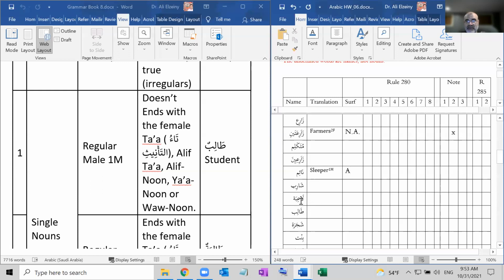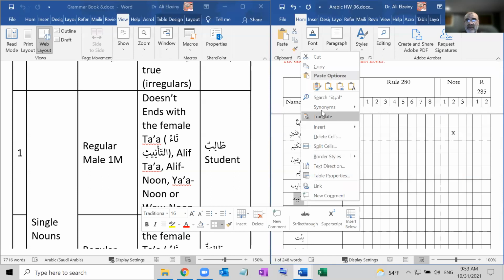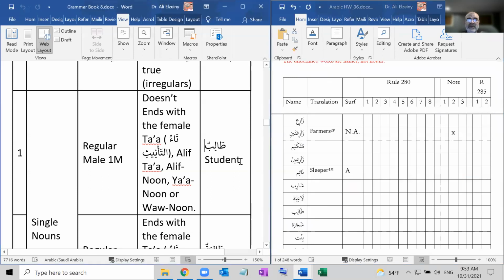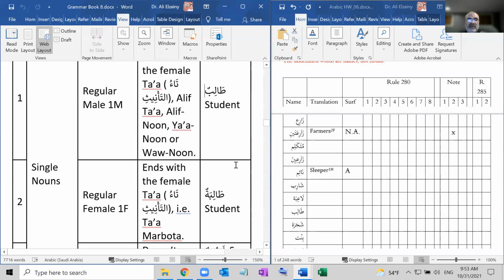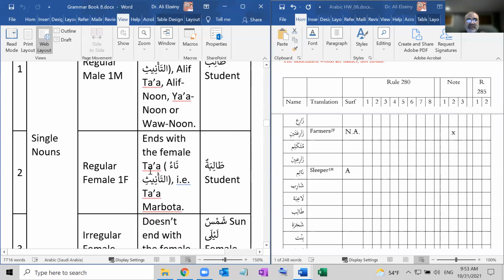لاعبة, I want to find out, it is a regular female because it ends with تاء التأنيث, the female تاء. So we know it is singular, regular female 1F, because it ends with تاء مربوطة.